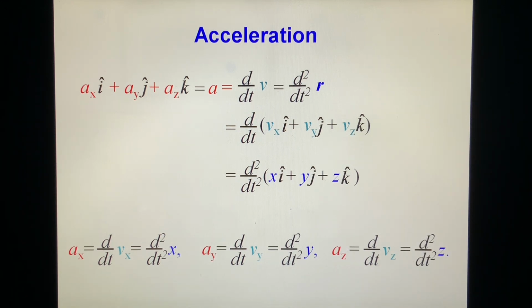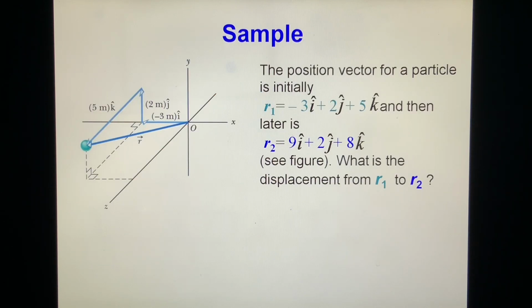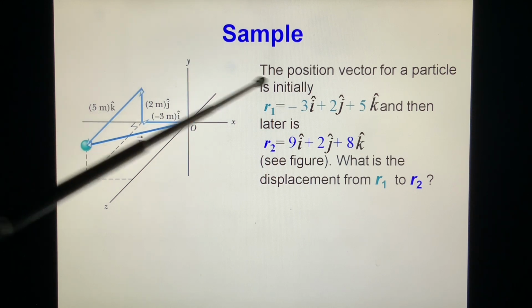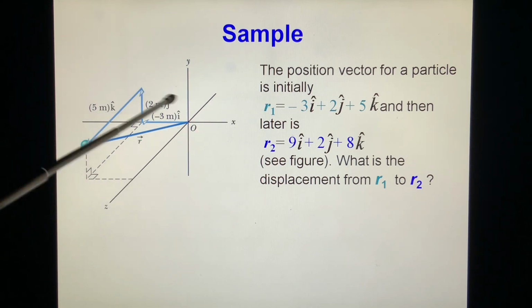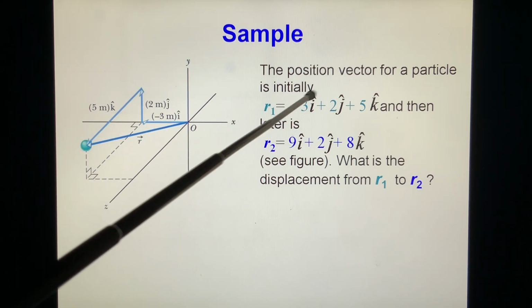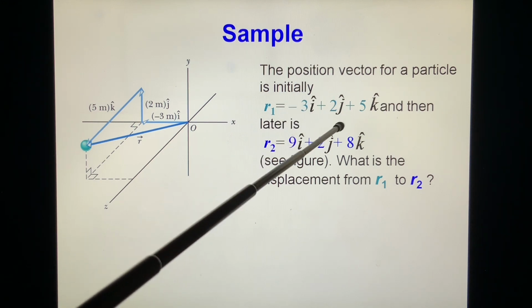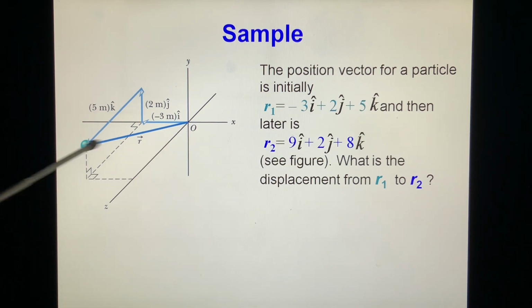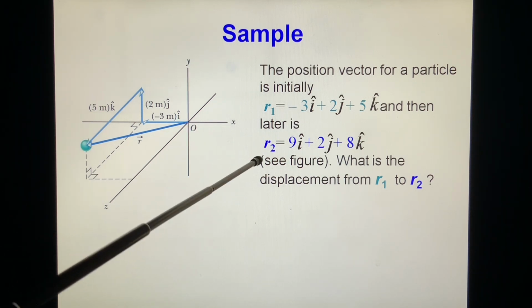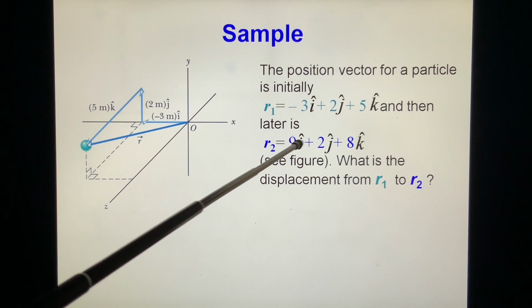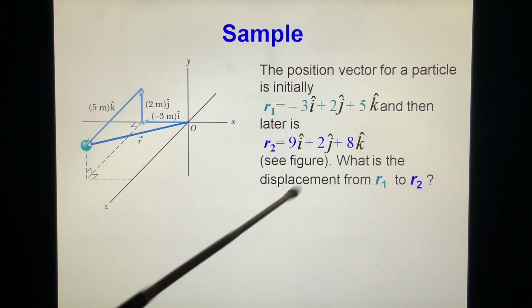similar to the one-dimensional situation. Example: the position vector of a particle is initially r1 equals minus 3i plus 2j plus 5k. Now, we have met this before, okay? And later it is r2 equals 9i plus 2j plus k.